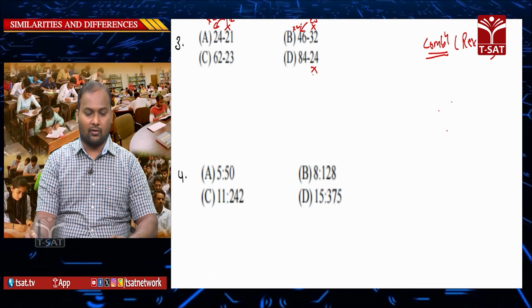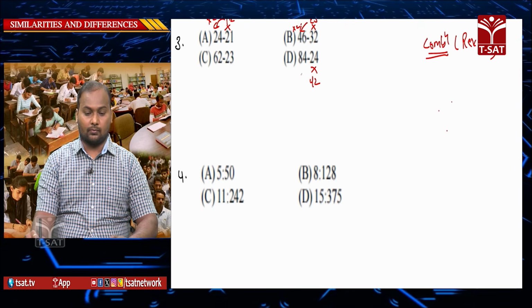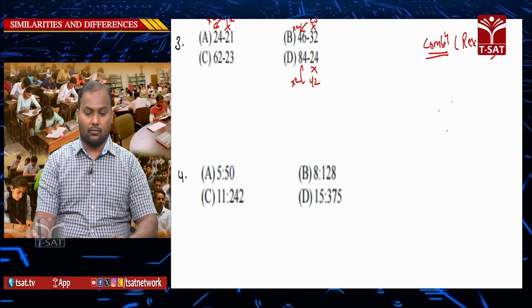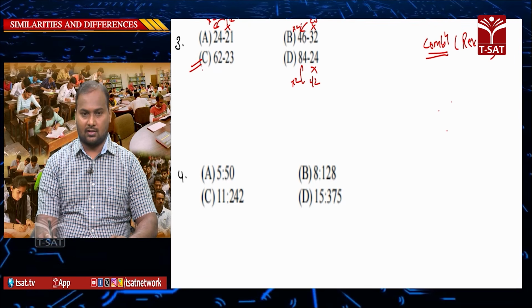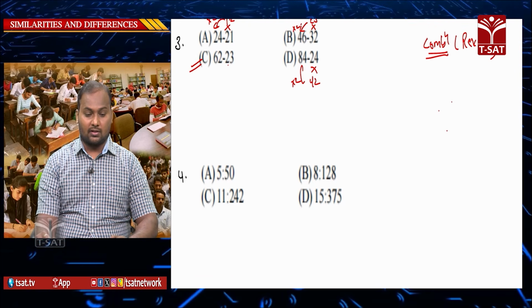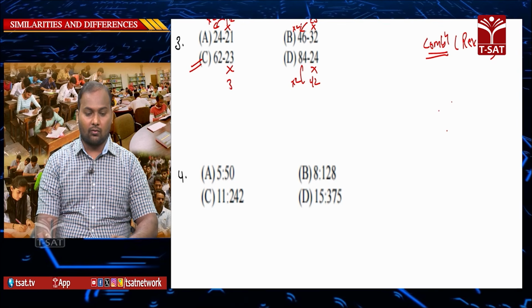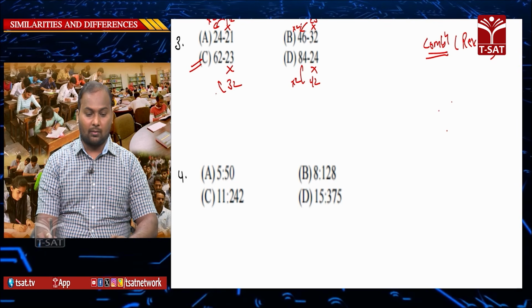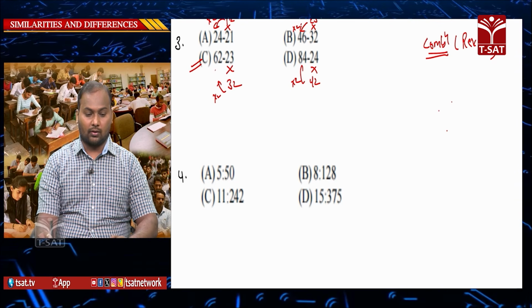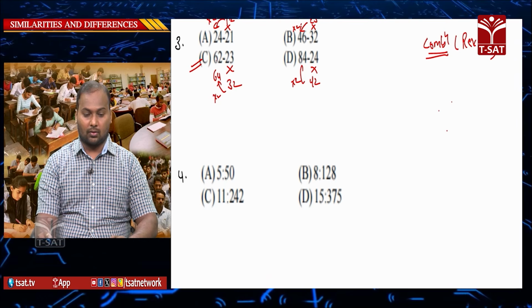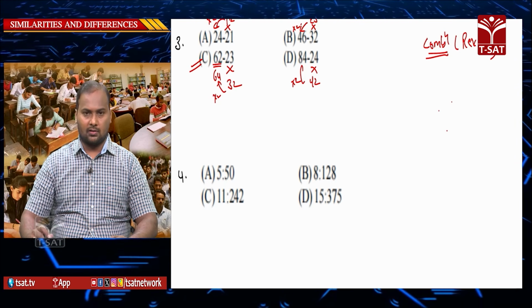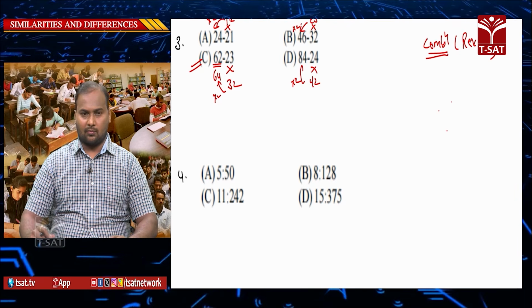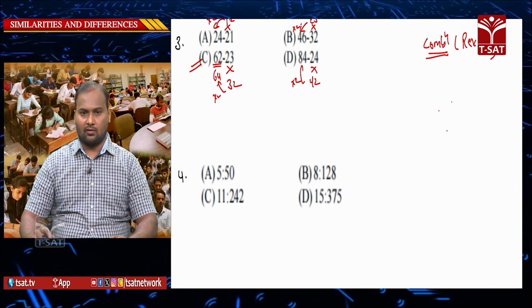You reverse this 24 in option D, you will get 42 and multiplied by 2, 84. And finally what will be the answer? Option C is the answer, because if you reverse this 23, you are going to get 32. Once you multiply 32 by 2, what you are going to get is 64 but not 62. So the logic is not applied in option C. The similar logic in options A, B, D is a combination of reverse and multiplication.